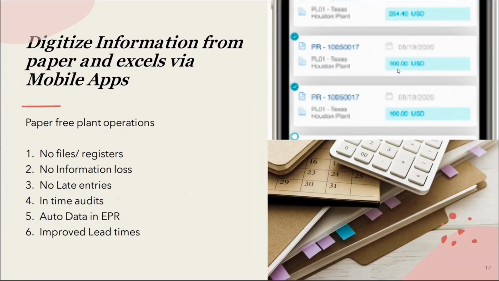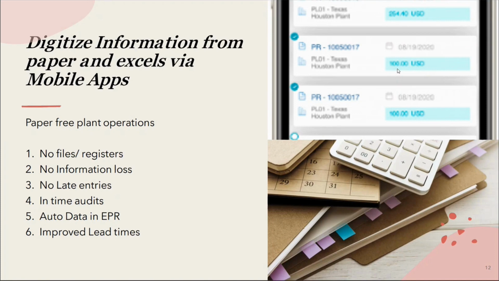Now, the basic information. Here we are looking at an example, we're creating a PR process. And I apologize, I think my screen is a little funny. But what we see here, once we take step one, that is no more paper record keeping, we are digitizing this process. So there are no files, registers.